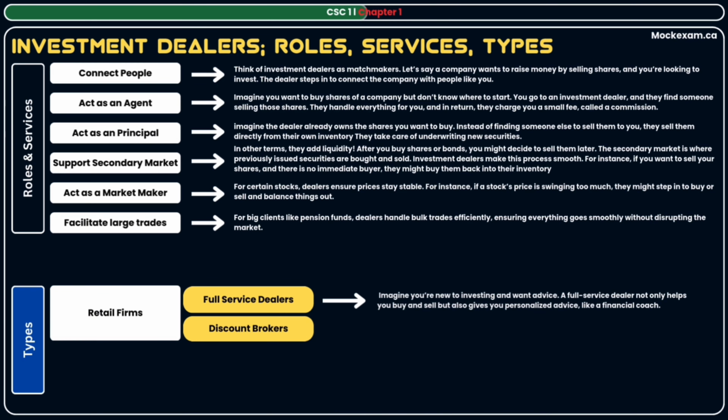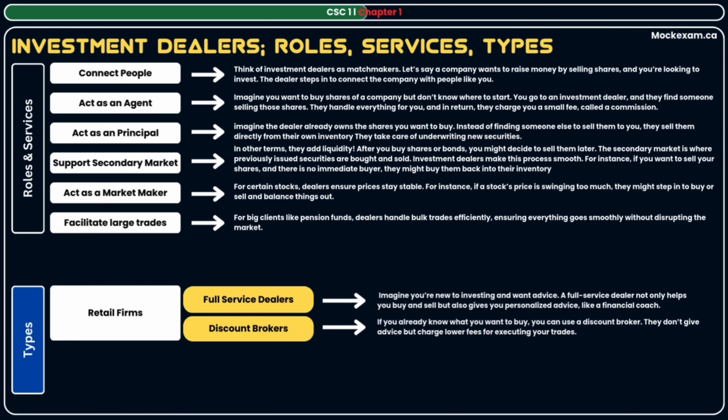Imagine you're new to investing and want advice. A full service dealer not only helps you buy and sell, but also gives you personalized advice, like a financial coach. On the other hand, discount brokers: if you already know what you want to buy, you're a seasoned trader, you can use a discount broker.